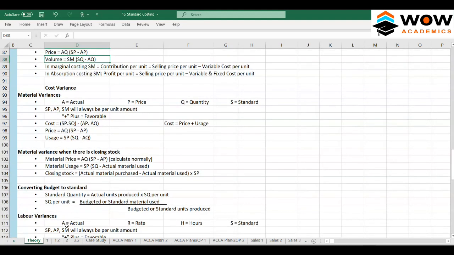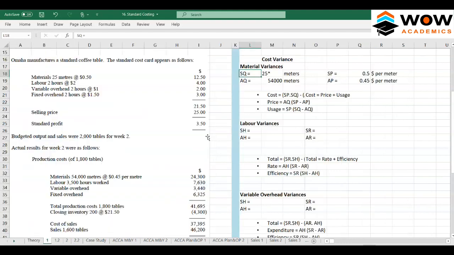See here, standard quantity per unit is the standard material divided by budgeted units. And standard quantity equals actual units produced into standard quantity per unit. You have to multiply that. Per unit it is 25 meters.